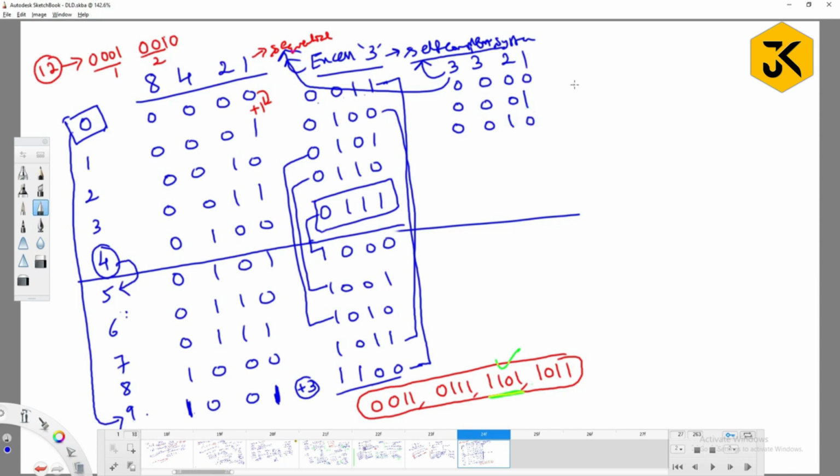Right? So if you take number 3, you have multiple possibilities. One is 1000, another is 0100, another possibility is 0011. These are 3 possibilities. So among these 3, what you have to consider is the number which has the least decimal value. What is the least decimal value? 0011.